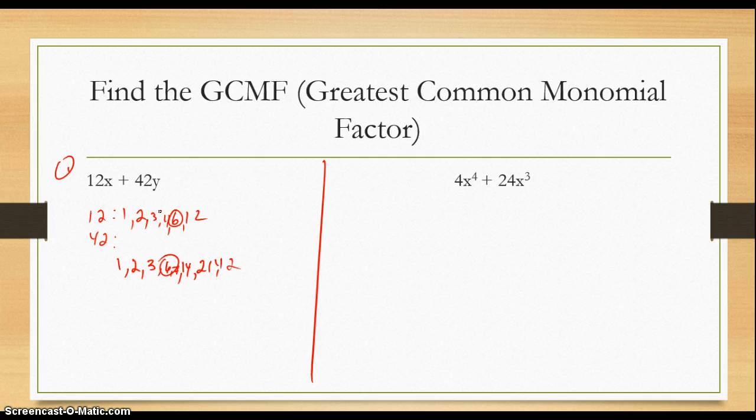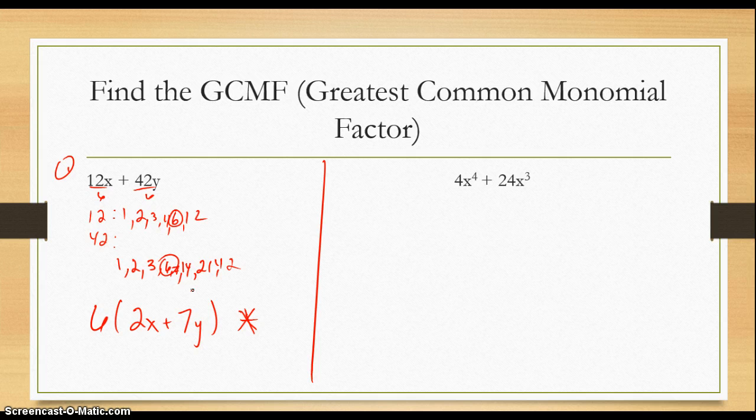So we're going to pull a 6 out of that equation. If I pull a 6 out, meaning really I'm dividing each of those by 6, I'm left with 2x plus 7y, and that would be my final solution. This is not set equal to 0 yet, so we're just leaving it in the greatest common factor form.